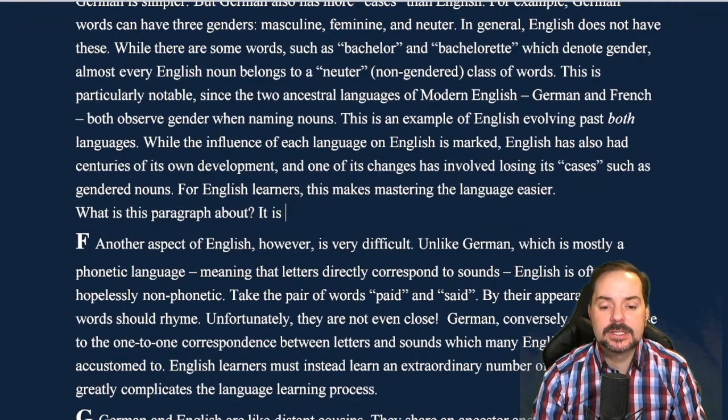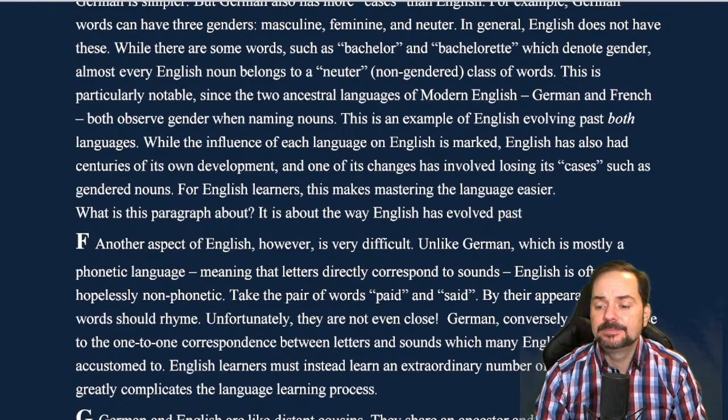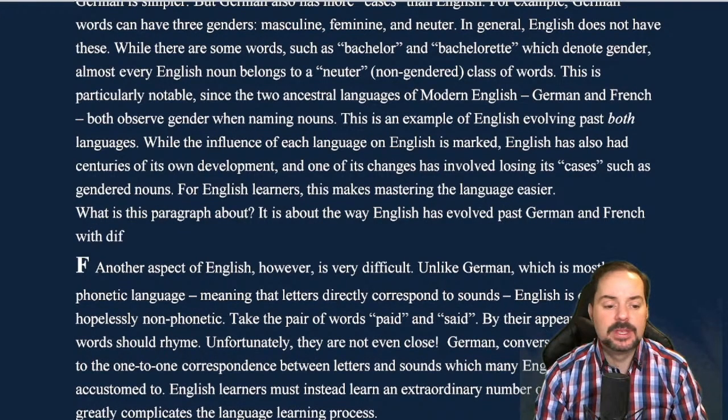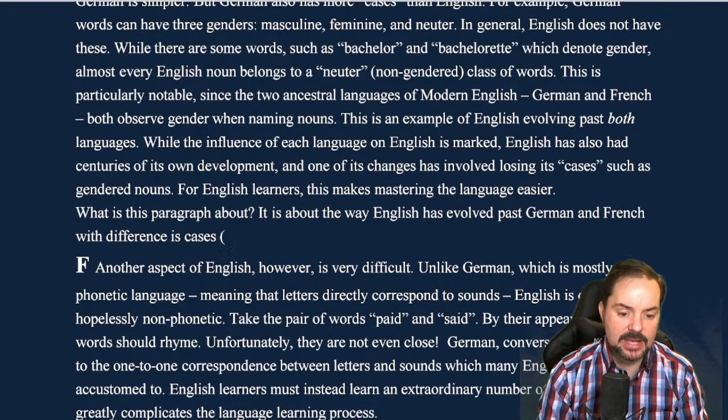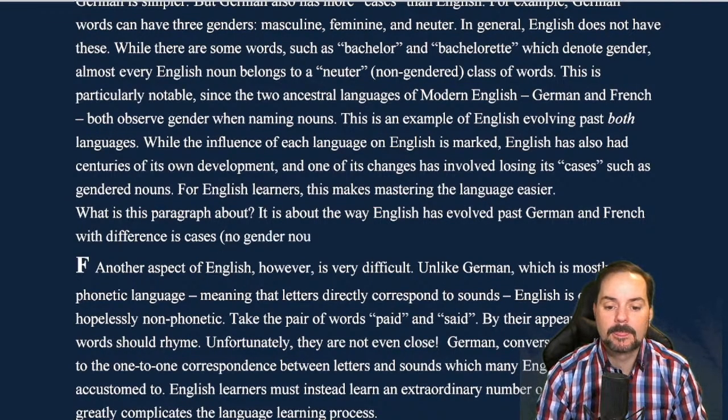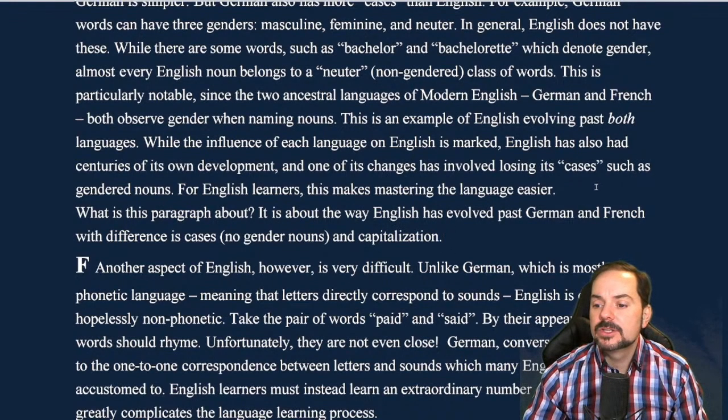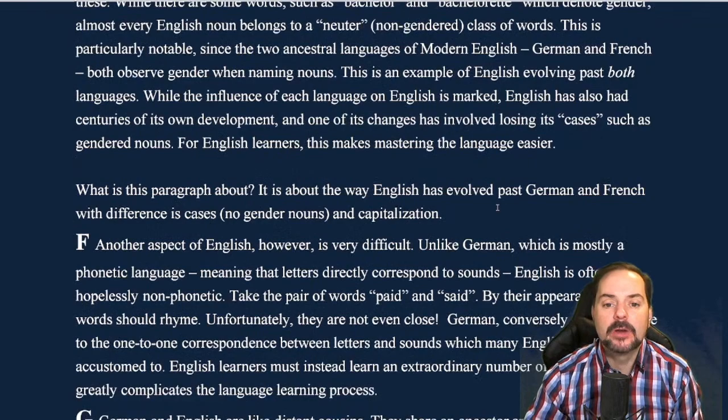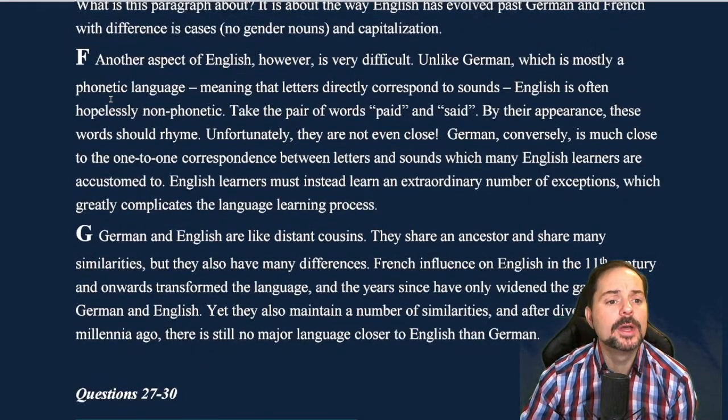It is about the way English has evolved past German and French with differences in cases, so no gender nouns, and capitalization. Okay, so that's how that's happened. All right, let's keep going.